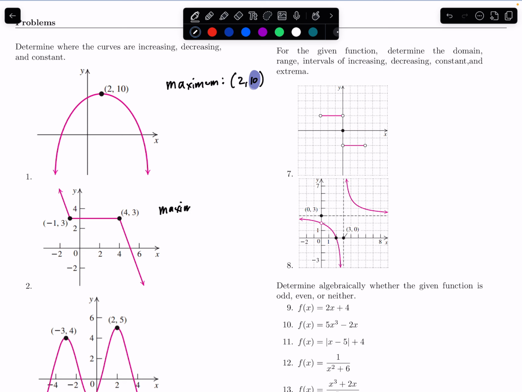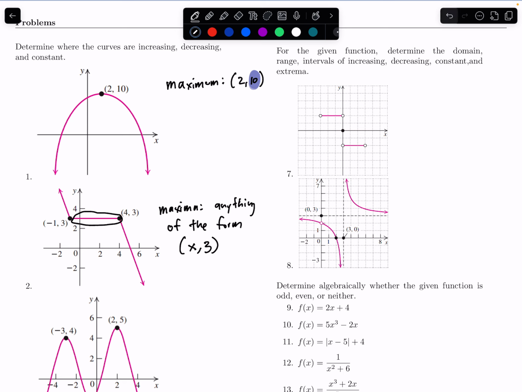So how do I write that in general? Maxima, this time is plural. So it's anything of the form x, 3.